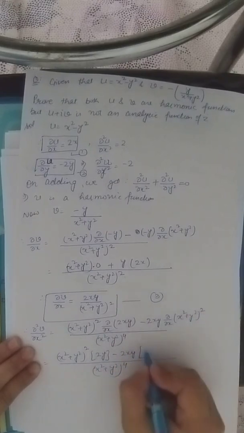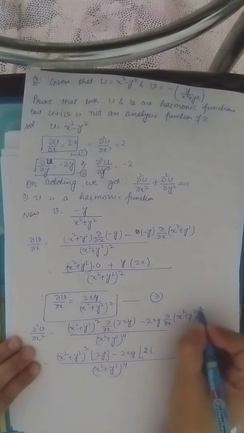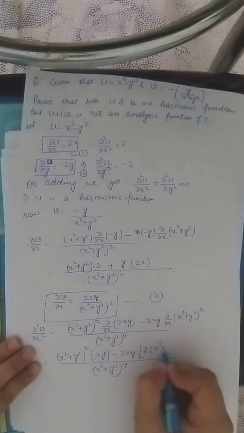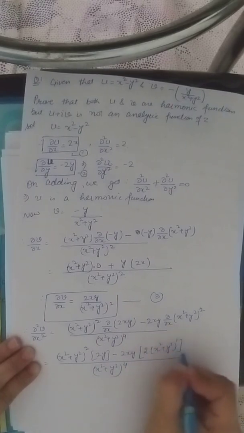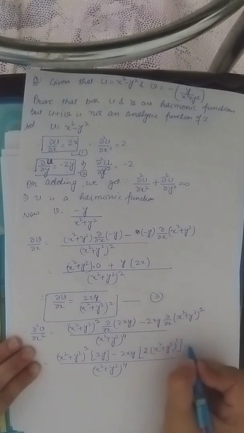For its partial derivative, first of all I will solve this whole square, 2 times x square plus y square power 1 into its partial derivative with respect to x, it will be 2x.